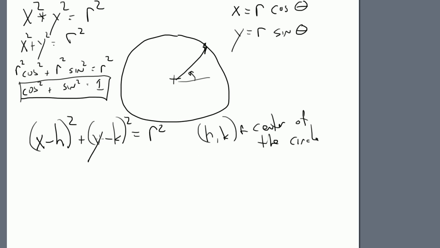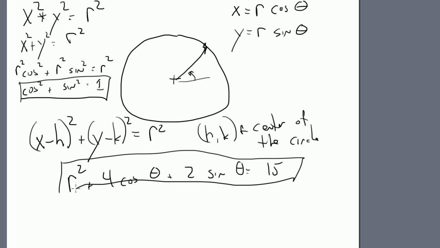You could get to a format where you'll start to see things like this: r squared plus 4 cosine of theta plus 2 sine of theta equals 15. And eventually, maybe not recognize it, but realize that is a shifted circle in the Cartesian coordinate system. So this fascination with the circle is not just a pure fascination. It ties you into spherical coordinates.